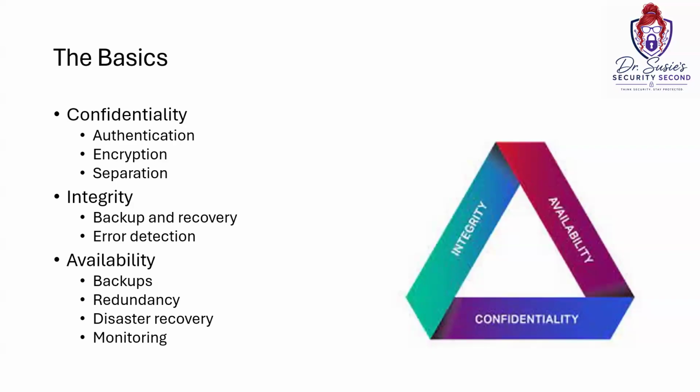For integrity, we can also put encryption in place to protect someone from modifying or deleting data that they're not authorized to. We can also use user access controls, version controls, and backup and recovery procedures. All of this is designed to make sure that if someone did modify, we could return to that original data. We can also use error detection software to find out if someone has edited data that they're not authorized to.